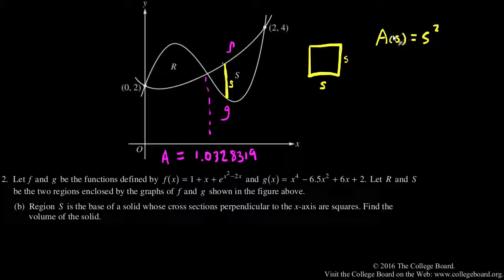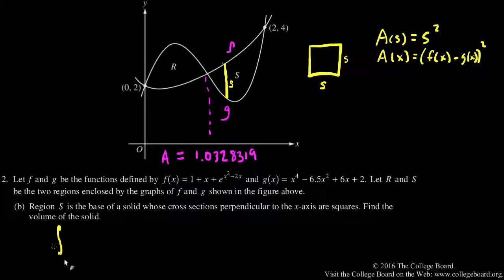So I need to rewrite this in terms of x so I can integrate from this x value all the way up to 2. So this area in terms of x will be f of x minus g of x, squared. And then to get the volume of the solid, I just integrate that area function, so integral from the starting x value to ending x value.